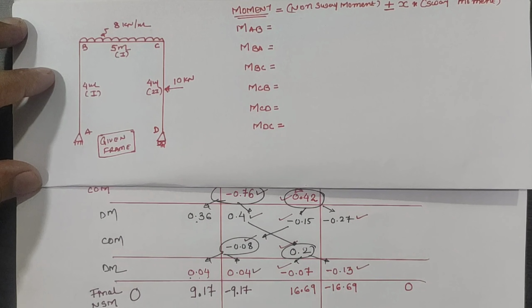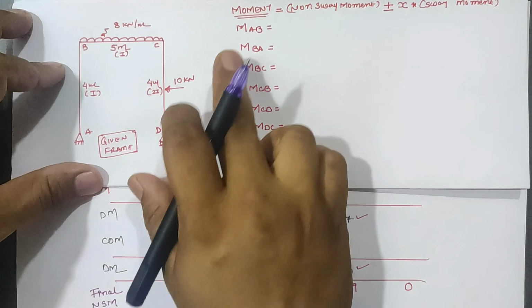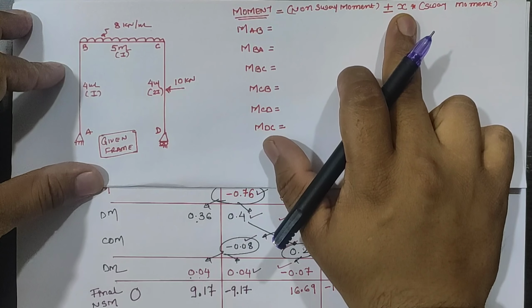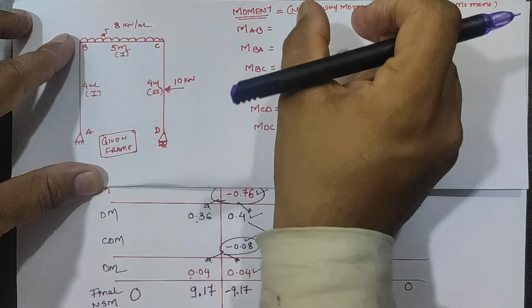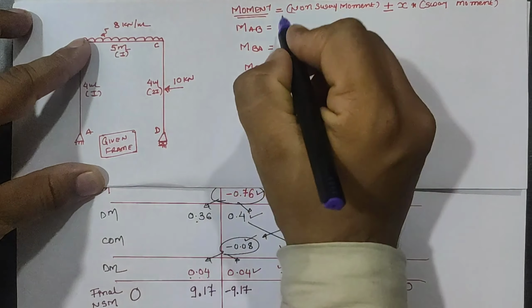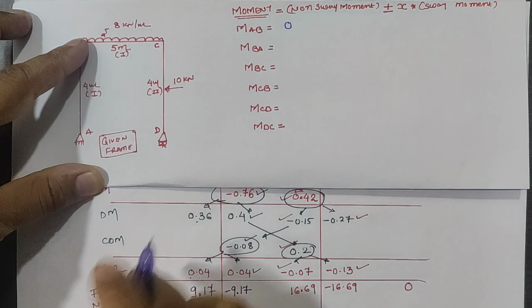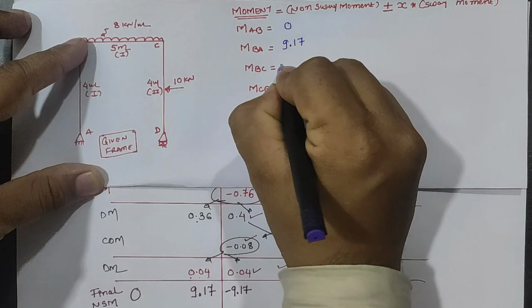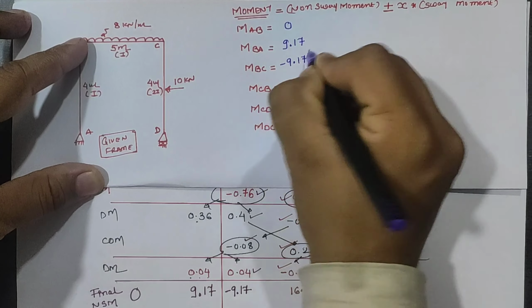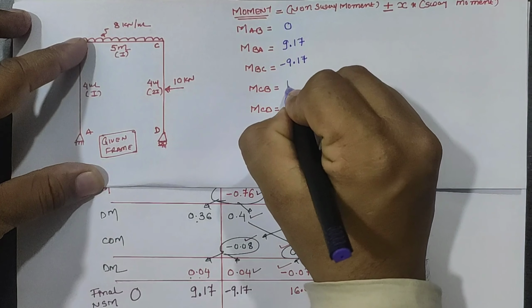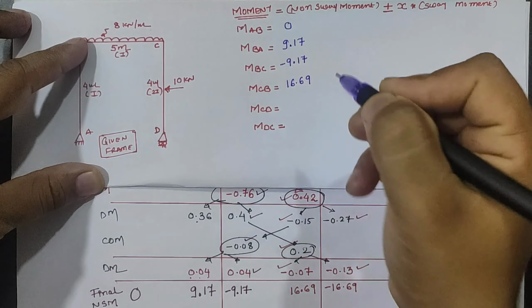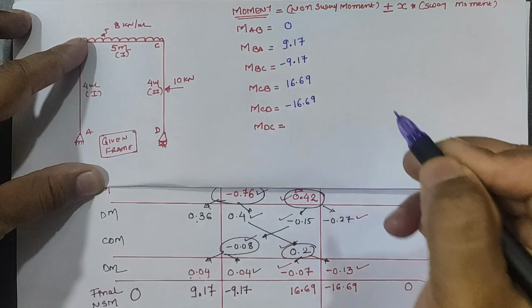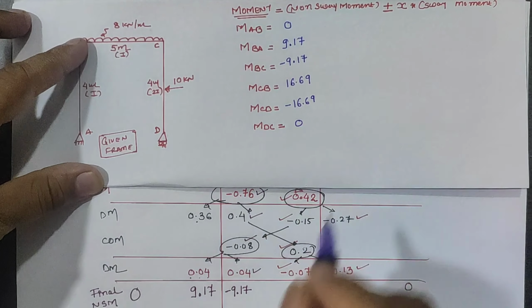After calculating the non-sway moment, we have to put the final moment equation, which is equal to non-sway moment plus or minus x, which is a correction factor, plus sway moment. So our non-sway moment for AB is 0, BA is 9.17, BC is minus 9.17, then CB is 16.69, CD is minus 16.69, and DC is 0.